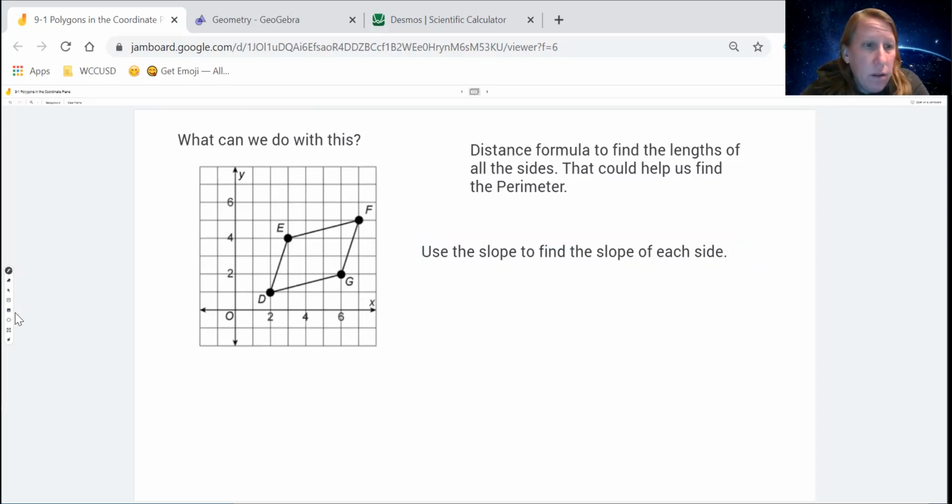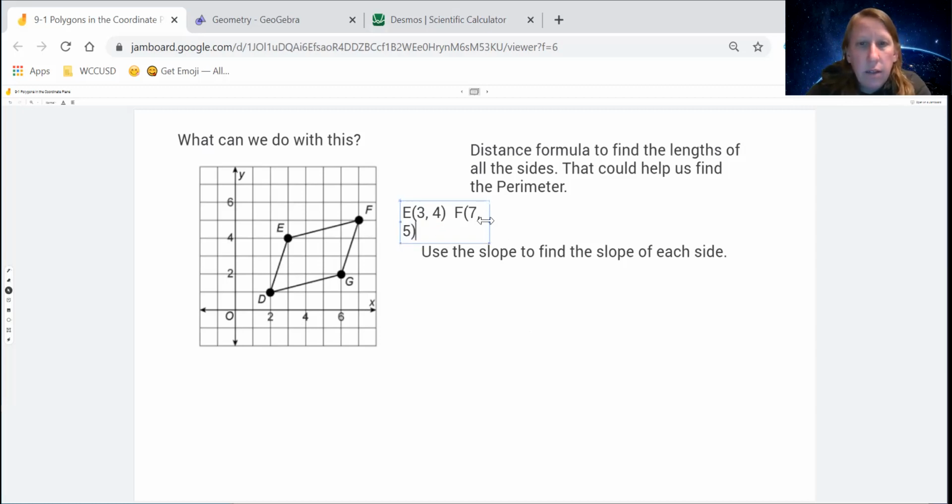So the first thing to do is write out the coordinates. What is E? E is at (3, 4). And F is at (7, 5).